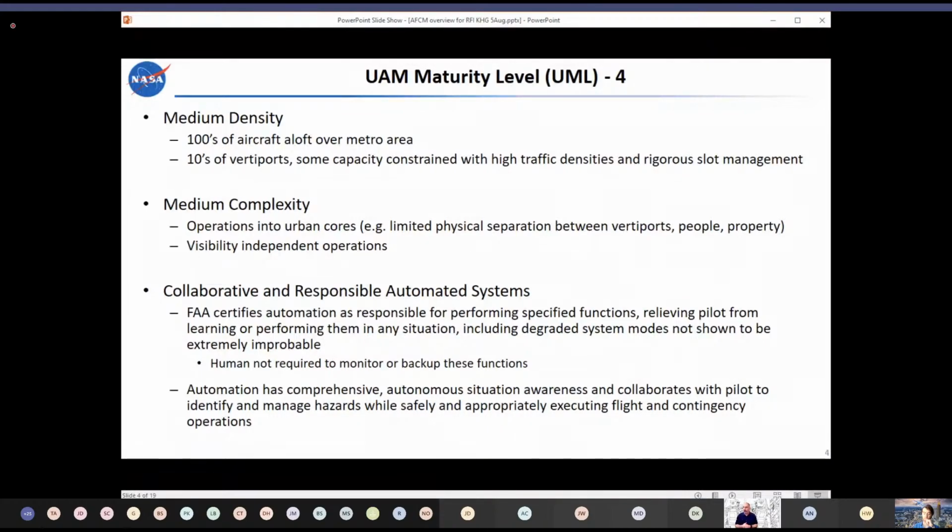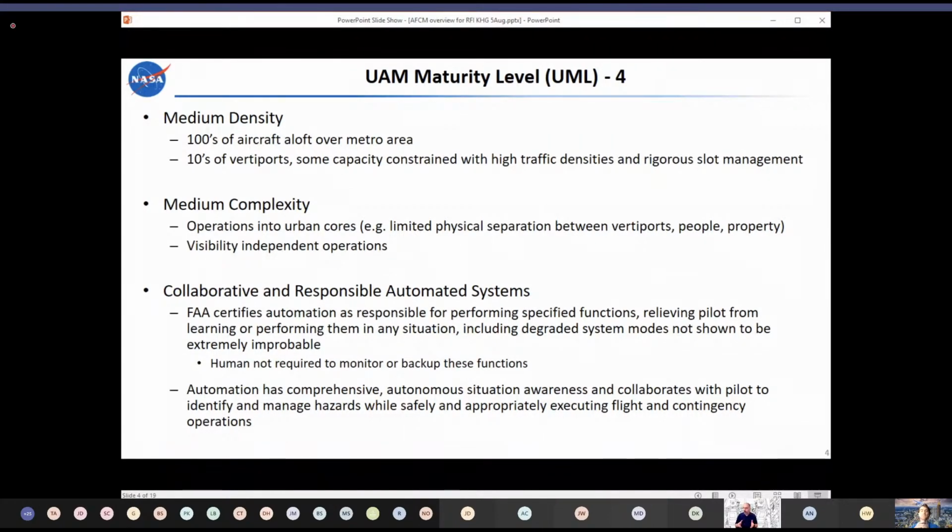If we have in UAM a situation where the automation is allowed to fail and the pilot has to be able to back it up, we're really not getting any benefit from a training or simplified piloting perspective. And one of the significant goals here is to be able to reduce the amount of specialized training and experience that's required to be a safe and efficient UAM pilot.